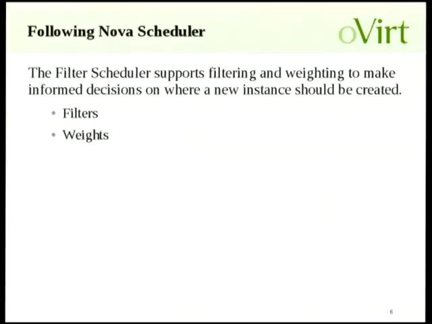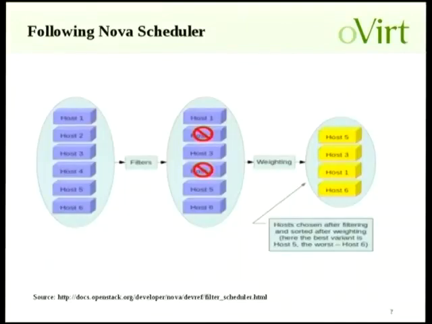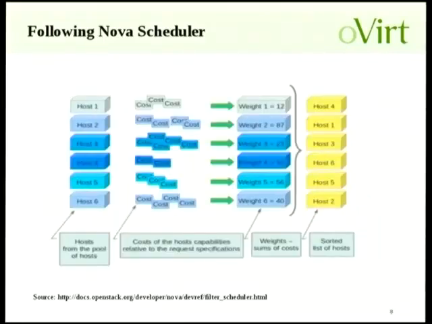Basically, the filters are very cut and clear logic that gets a set of hosts on the left-hand side. Then we run a filter on them. Then we apply weights on top of them. Another cool slide from Nova scheduler. We collect a set of weights, then we sum them up, and then we order the hosts that we got.